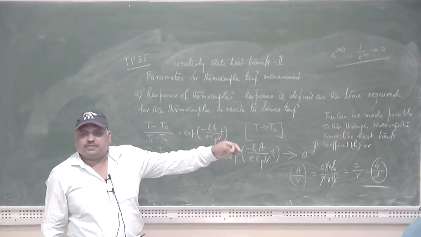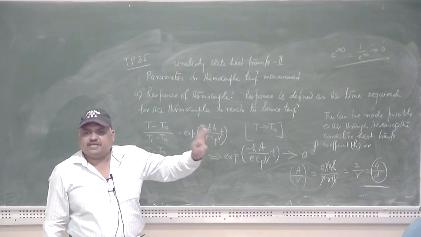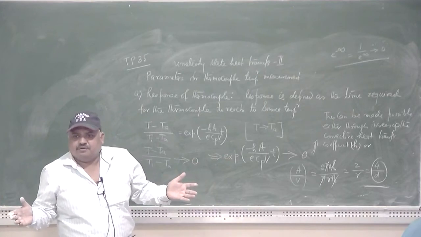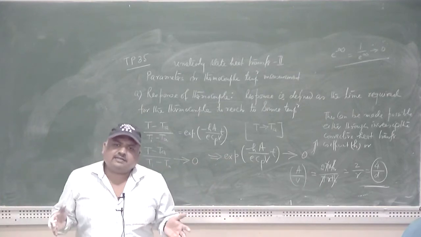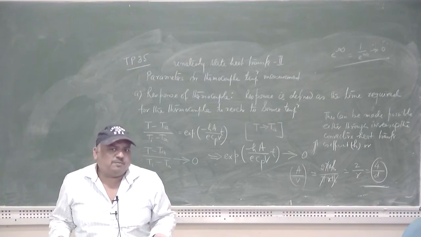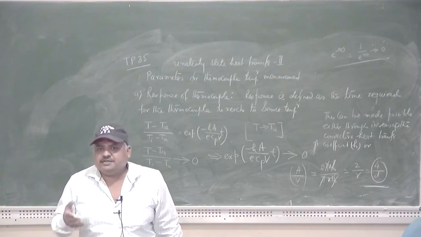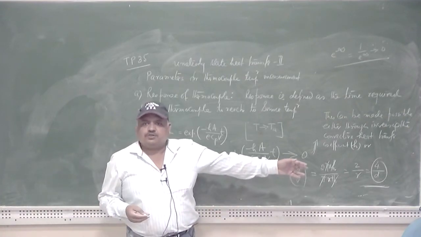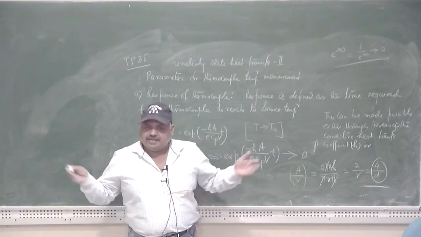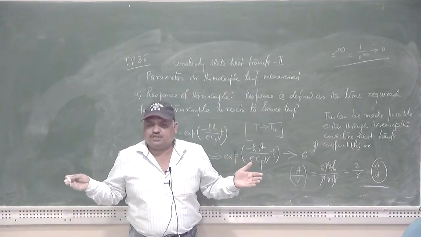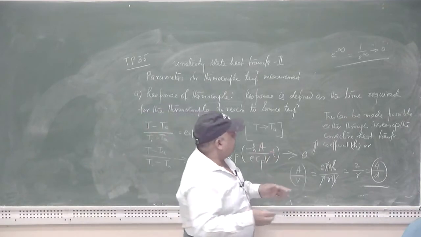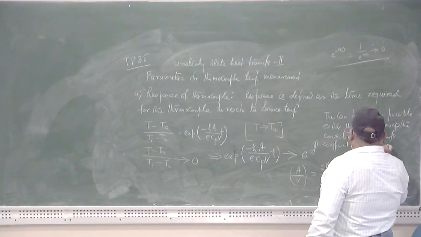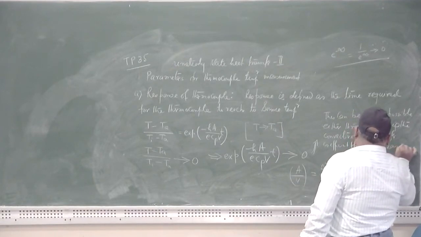Once you have put the thermocouple in the atmosphere, you can quickly judge the temperature of the atmosphere. So rather than changing the convective heat transfer coefficient, it is better to decrease the diameter, so that this quantity 4 by d can be maximized as per the demand of the situation. So the second methodology is decreasing the diameter of the thermocouple.